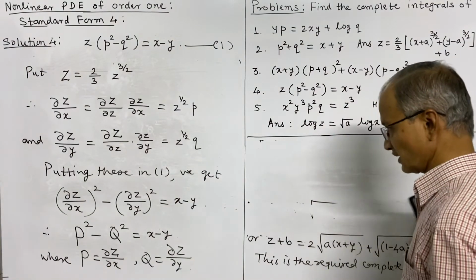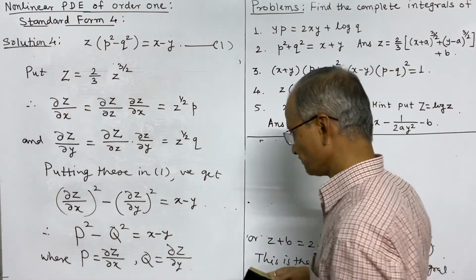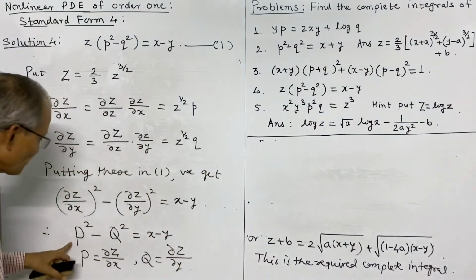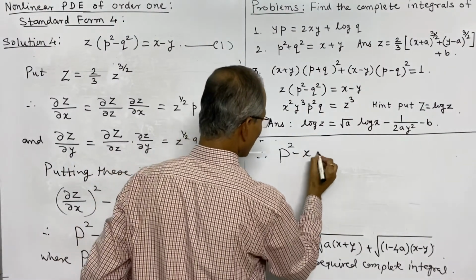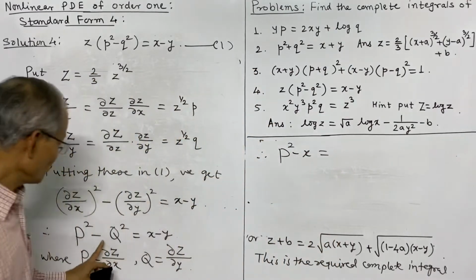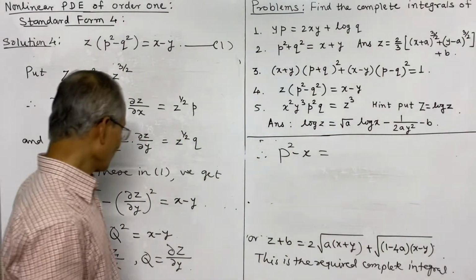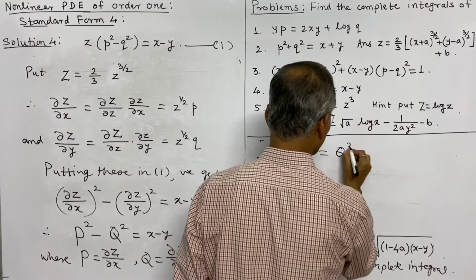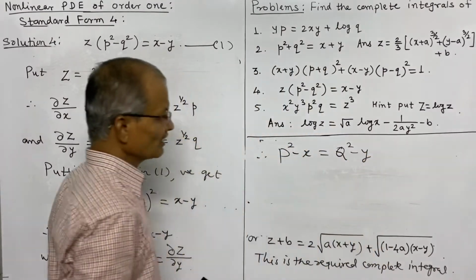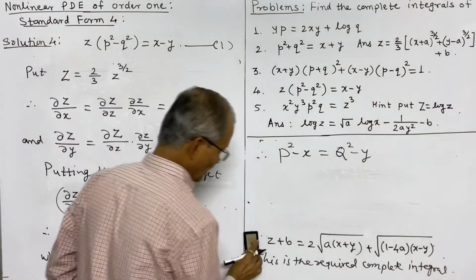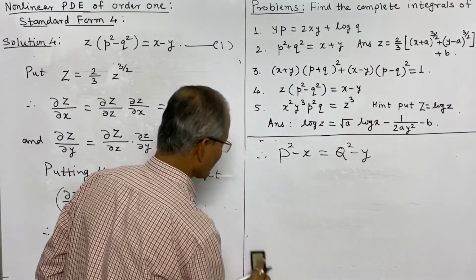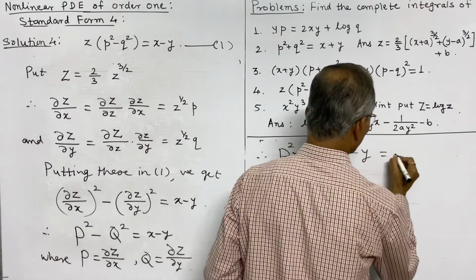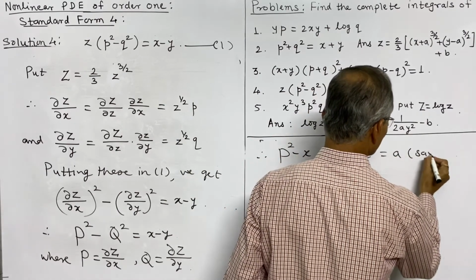So we can write this as p square minus x. We will separate this as function of p and x. That is, p square minus x is equal to, and this q square is to be shifted on the right side. That will be positive, q square minus y. It is of standard form 4, and thus it can be supposed to be equal to A, say, suppose.